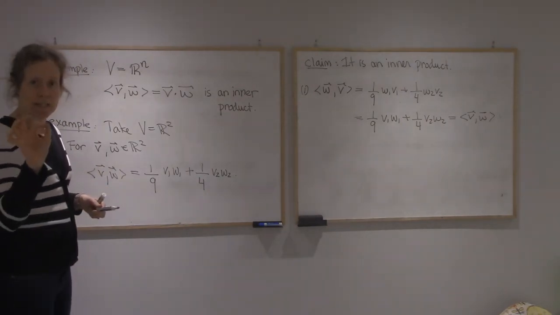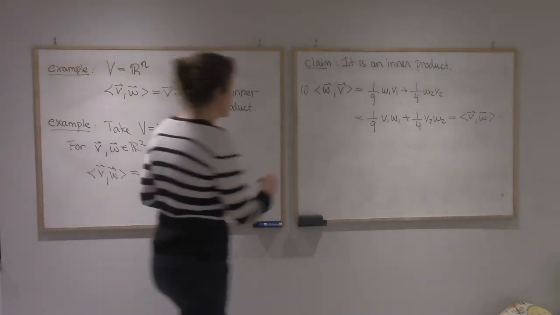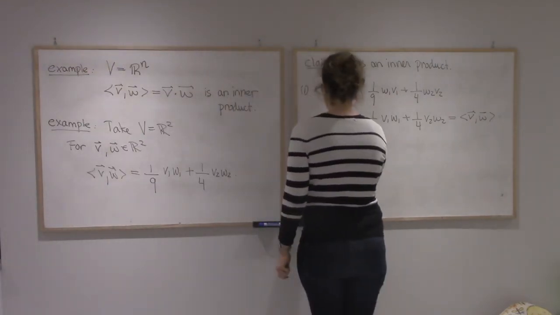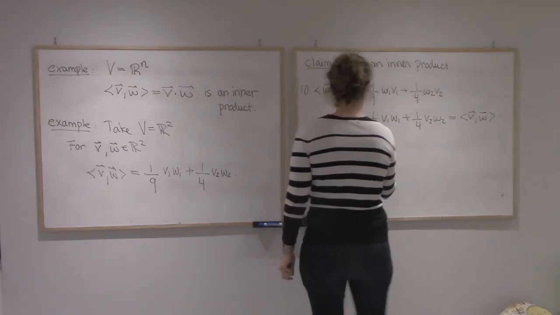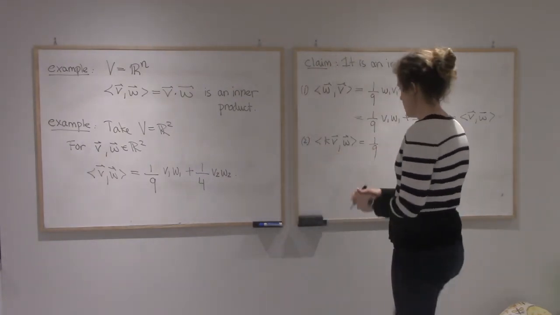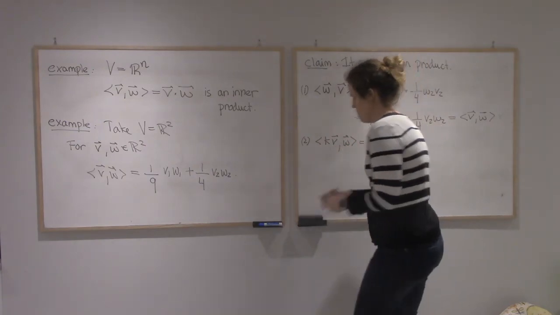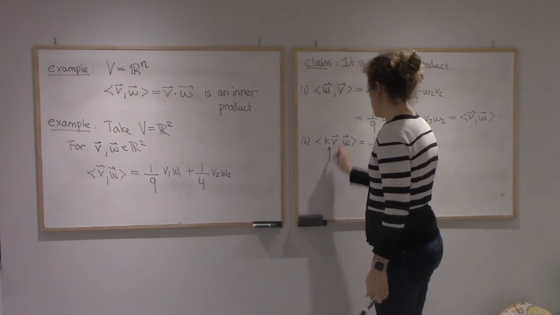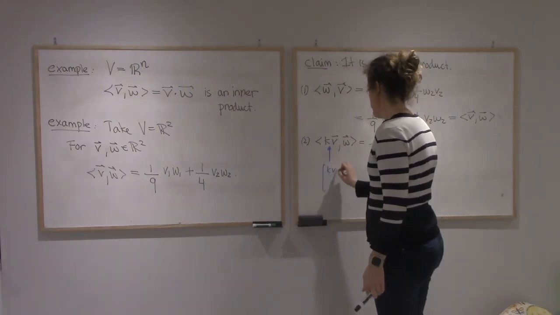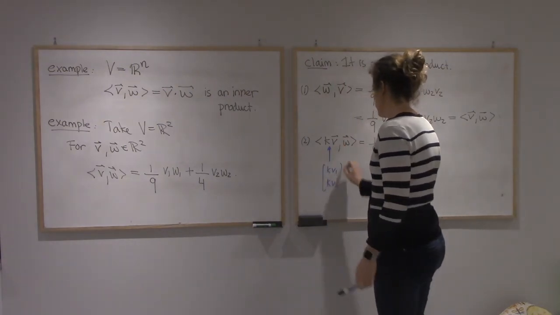Second, I want to make sure I can take constants out of the inner product. So I want to look at KV, W. The components of KV are going to be KV1, KV2.